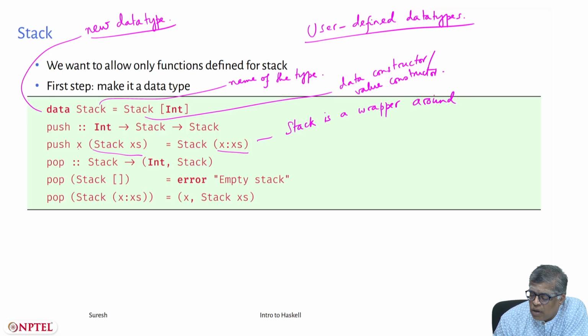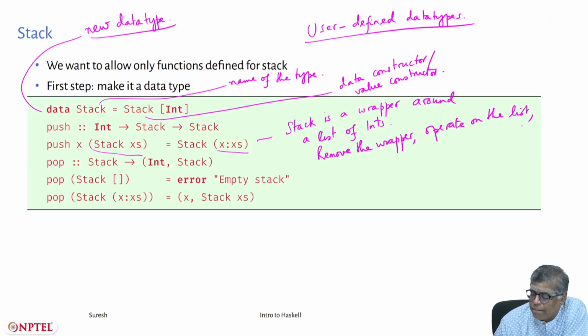Stack is a wrapper around a list of ints. Remove the wrapper, operate on the list, whatever you want to do, put back the wrapper. So that is the sequence here.